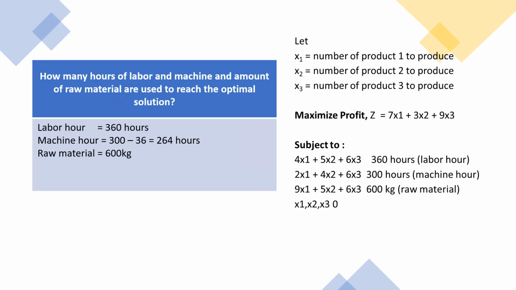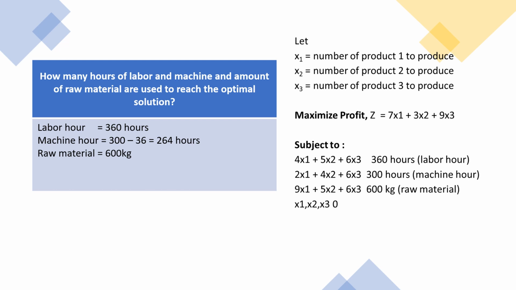From the previous slide, we found that workers' time and raw material are fully utilized, while machine time is not fully utilized. 36 hours is left unused. From the linear programming model, we know that the total labor hour available is 360 hours, machine hour is 300 hours, and raw material is 600 kg.